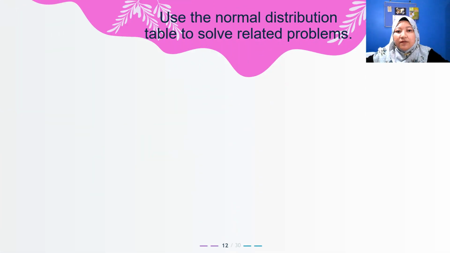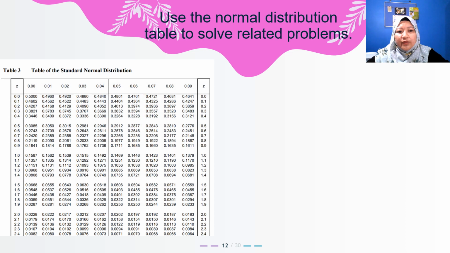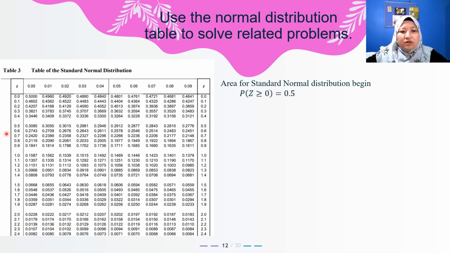Next objective is how to use the normal distribution table to solve related problems. First, look at this table. Okay, this is the table for the standard normal distribution. So we have this area is the Z score. This area is also the Z score.